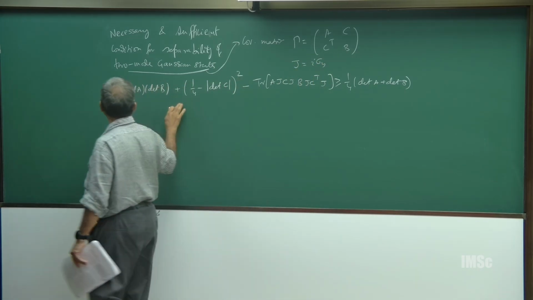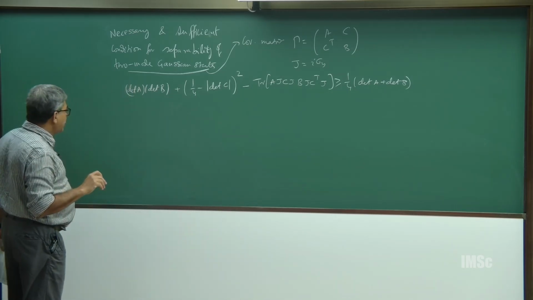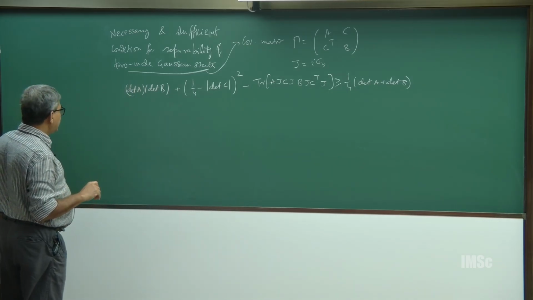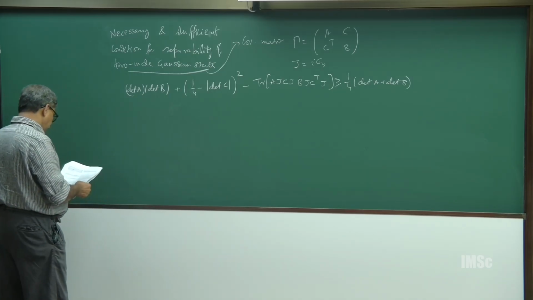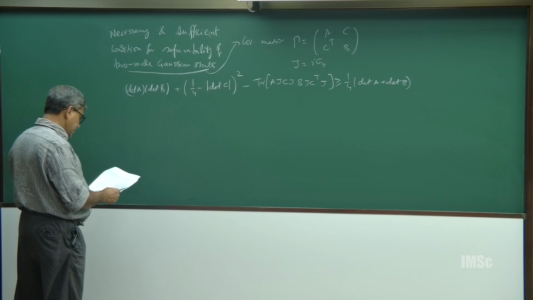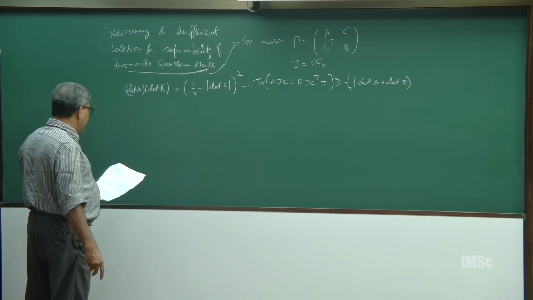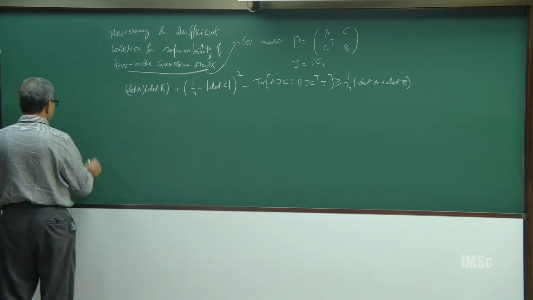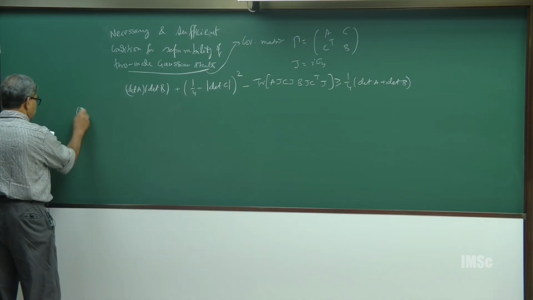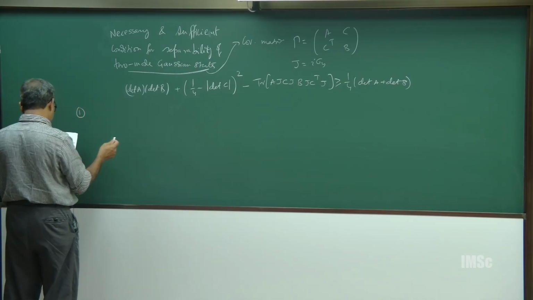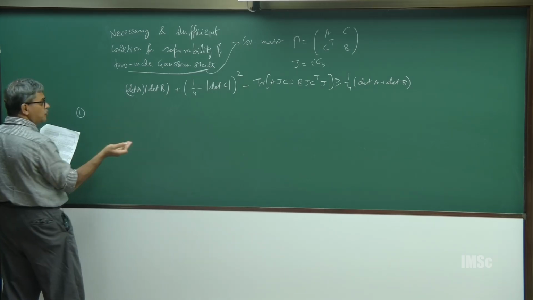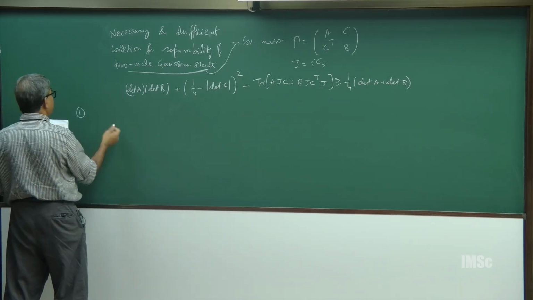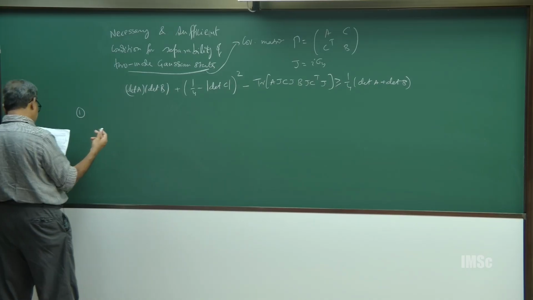So, this is what we have proved, and in order to prove this, we have used two results. One is that, I mean I have used it for two mode Gaussian states, but this is true for any Gaussian state.